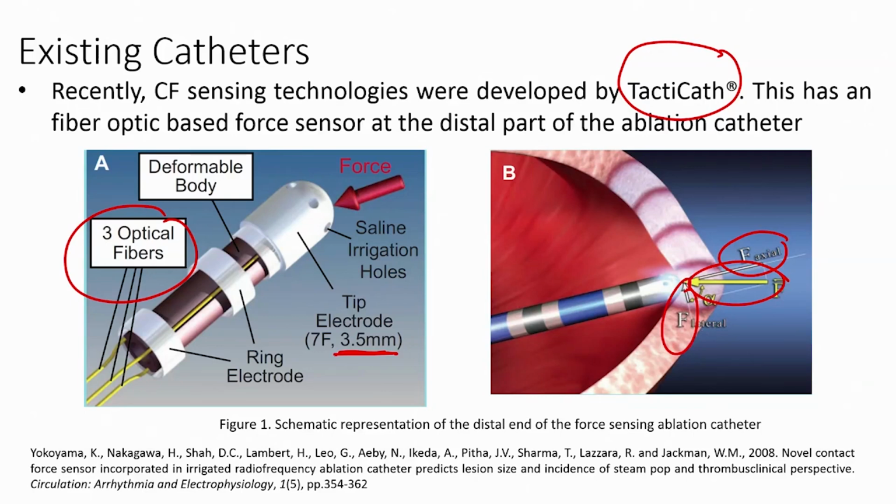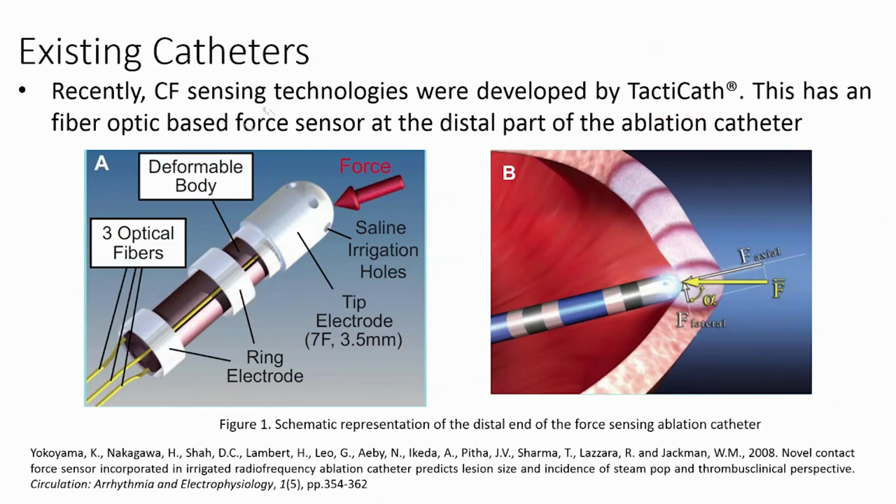So, force sensing with the help of optical measurements using optical fibers has been done, and it was published in 2008, and right now it is used in surgery, in operating on patients that are undergoing the RF ablation procedure.